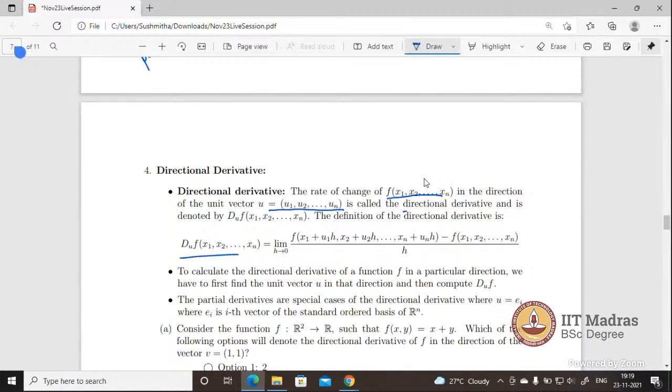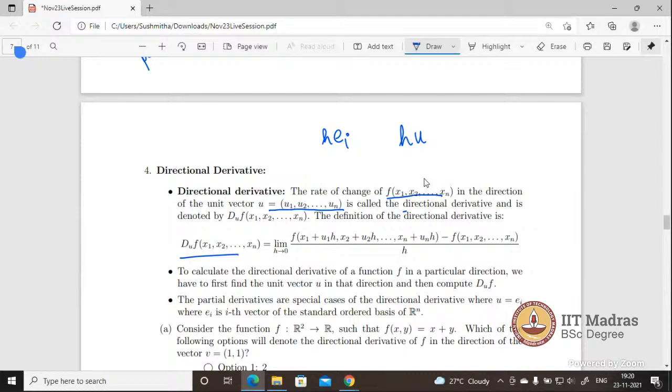We represent it using Du f, where u is the direction and we differentiate the function f. The definition is exactly the same, just that instead of h ei, I'll have h u, where u is this unit vector.